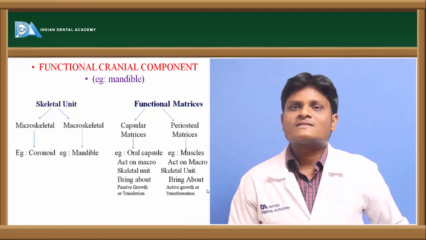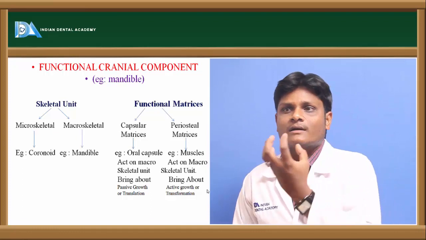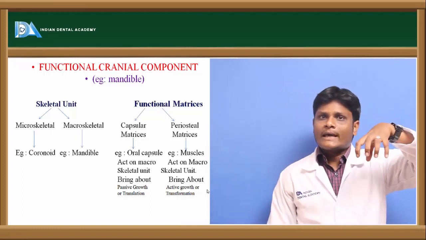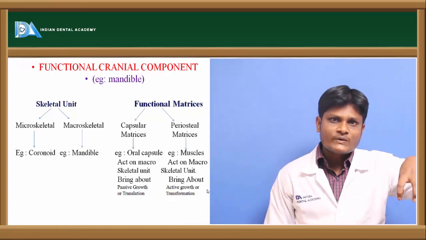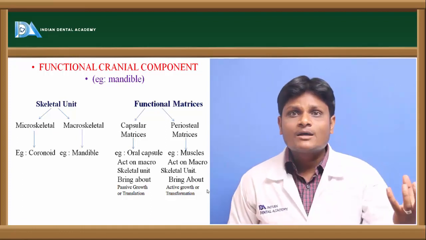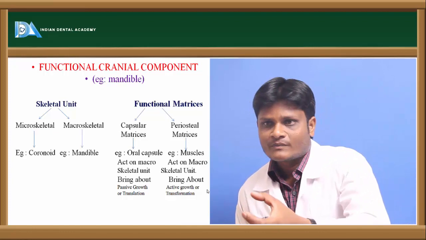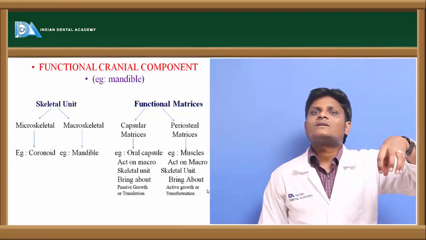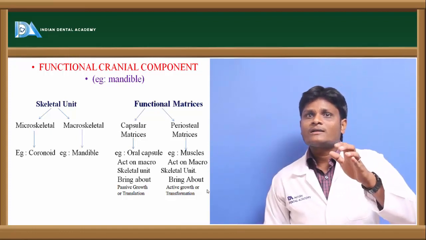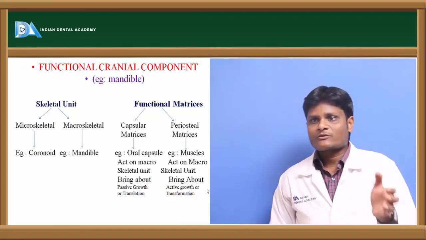Now, we have one more unit of the functional cranial component, that is the skeletal unit. This is nothing but the bone which ultimately responds to the growth of the capsular matrix and periosteal matrix. When you take the bone, again it is divided into a microskeletal unit and macroskeletal unit. A macroskeletal unit is a big bone which is involved in a particular function, whereas the microskeletal unit is a portion of this big bone which can be involved in a function apart from the function carried out by the macroskeletal unit.